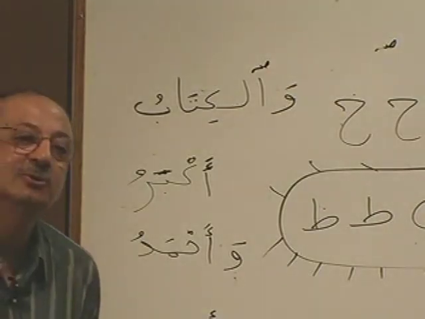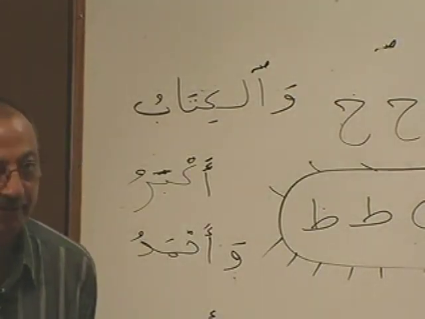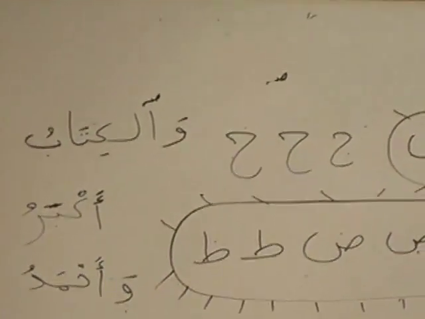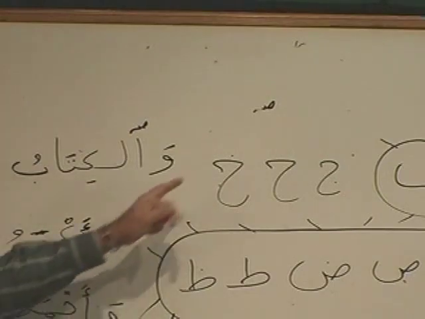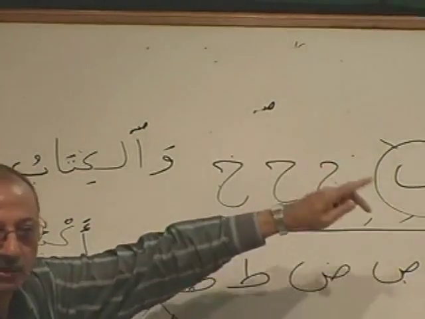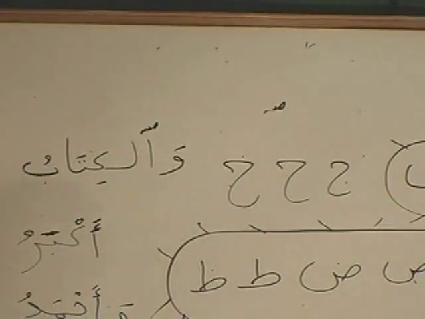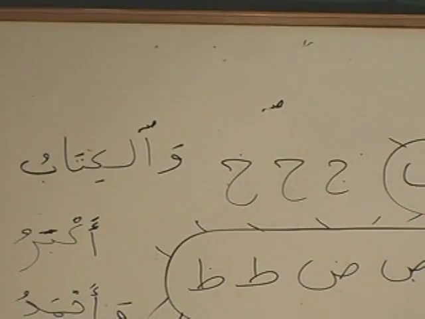This is for those who have difficulty in identifying, but once you get used to it, you know it. See, it's like the beginning of a swad. Little. Okay? So this is what Hamzatul Wasal and Hamzatul Qata is.